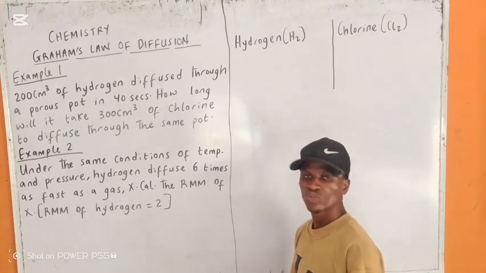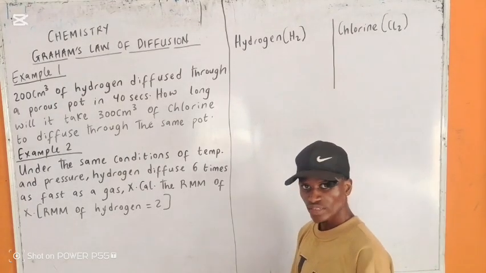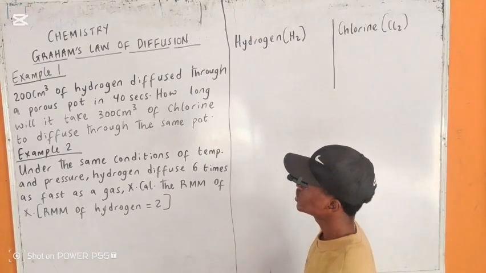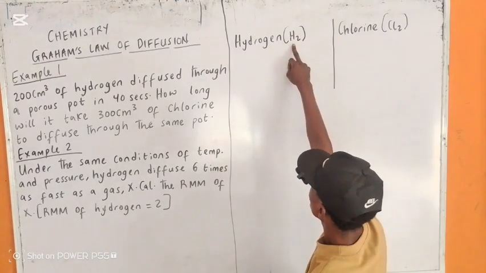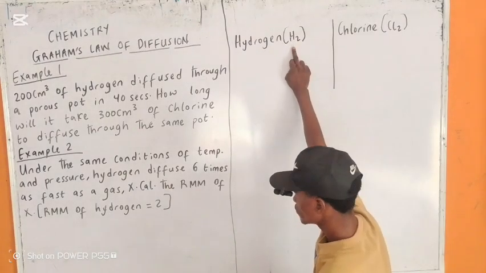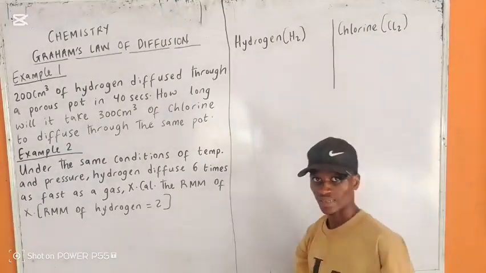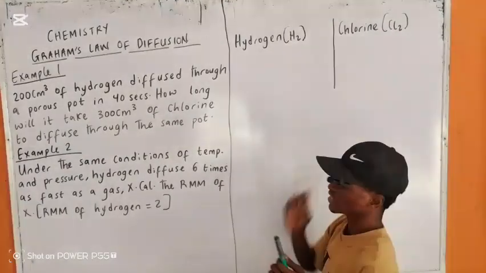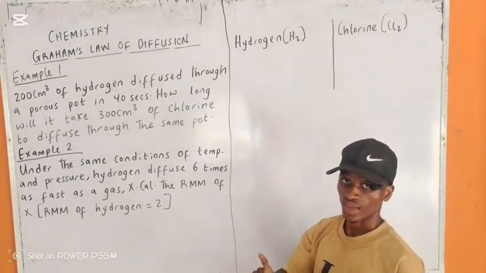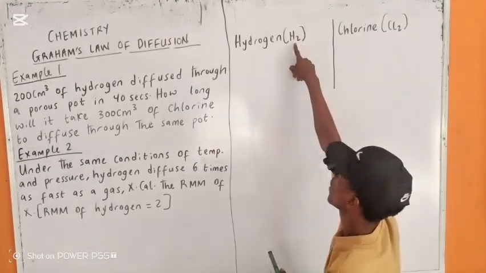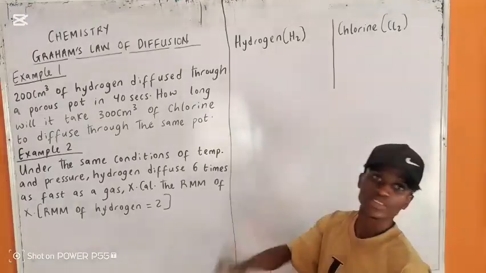Now, how do we get the molecular mass? We can calculate it from the hydrogen molecule and the chlorine molecule we are having here. Hydrogen has a mass of 1, and since we have 2 atoms of hydrogen, that will be 1 times 2.